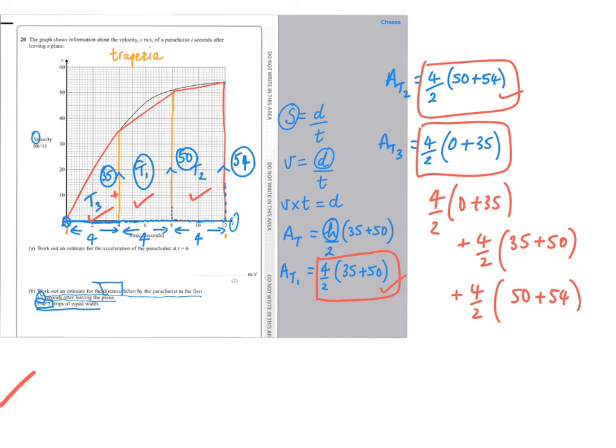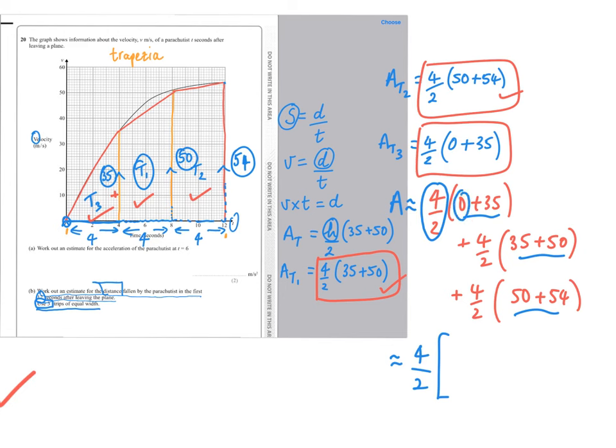Well, here's a really nice thing to see now. Hopefully you can all see that this would give me an approximation for the area if I added all those together. Well, can you see that 4 over 2 is a common factor? I'm not going to call that 2 yet, I'm just going to call it 4 over 2. Now, let's look at all these numbers in the brackets. How many times do they appear?